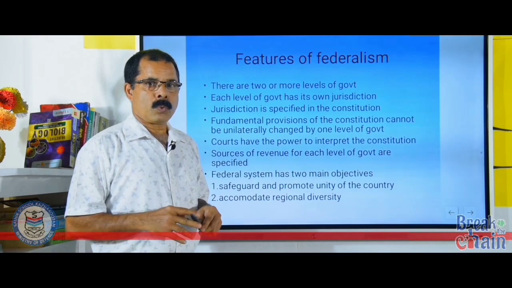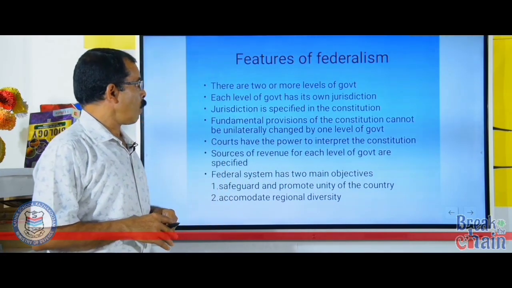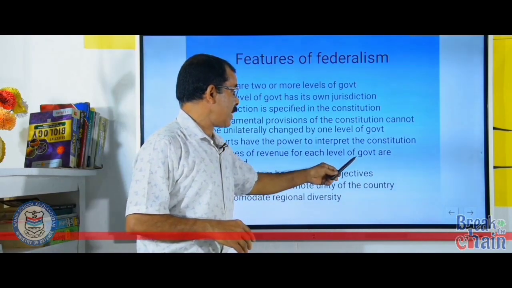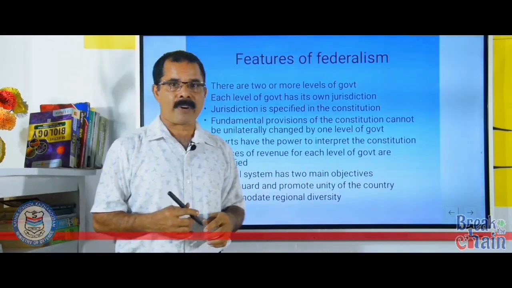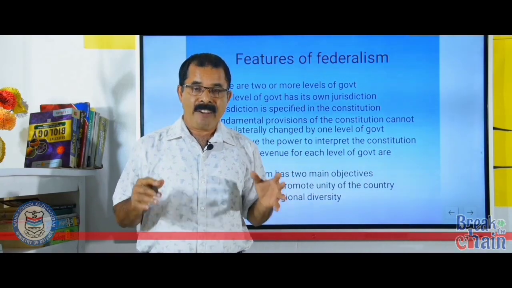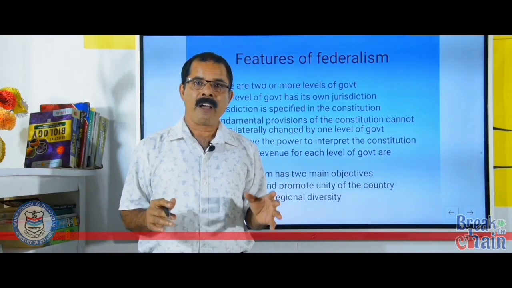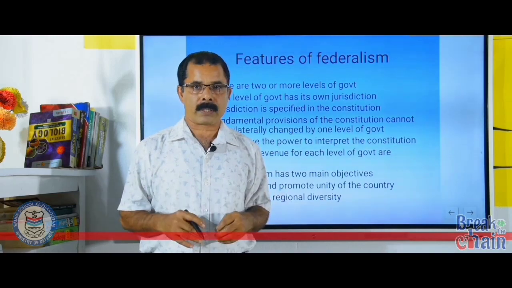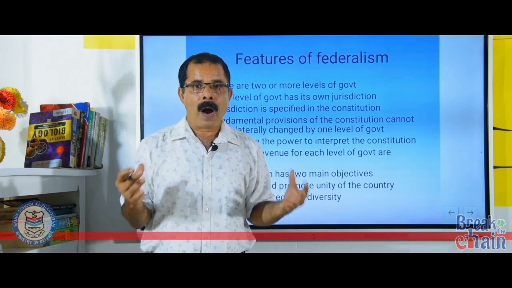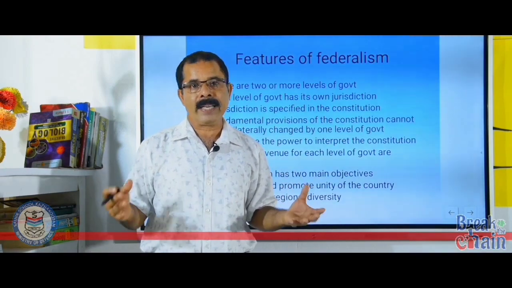Now we come to the fifth feature of federalism. The sources of revenue for each level of government are specified. Governments won't be able to function effectively and efficiently without financial resources. Without financial resources, the power of the government will be curtailed.